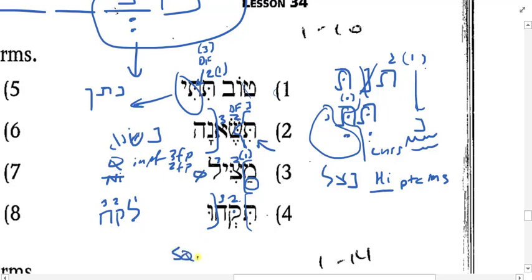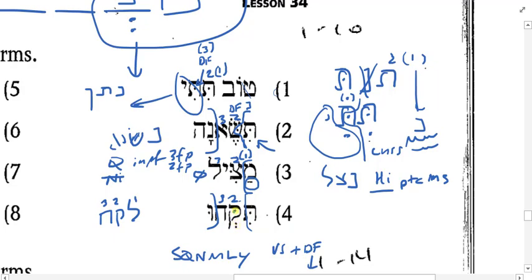Yes, you remember good old squinum levy? Kof is a squinum levy letter. What happens with squinum levy? If I have a vocal shva and a dagesh forte with a squinum levy letter, which one usually falls out? I'm going to lose my dagesh forte frequently. Okay?